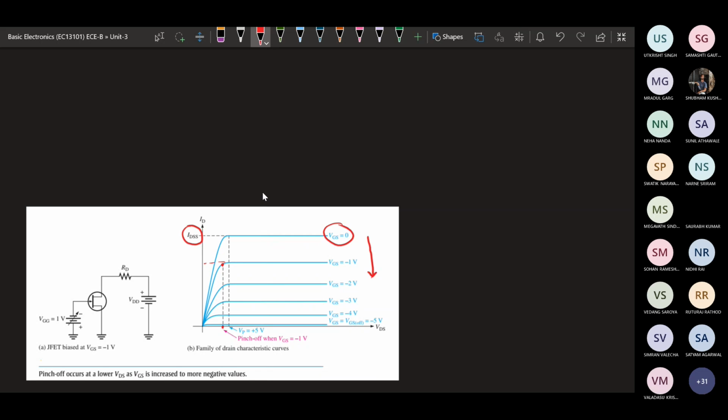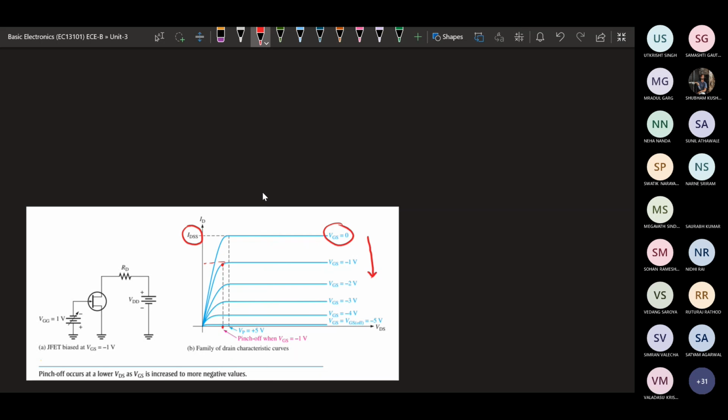Further, if we keep increasing VGS negatively, there will be a point where VGS causes almost zero current. Almost zero current will be there when VGS equals VGS off, and we say that the JFET is off.